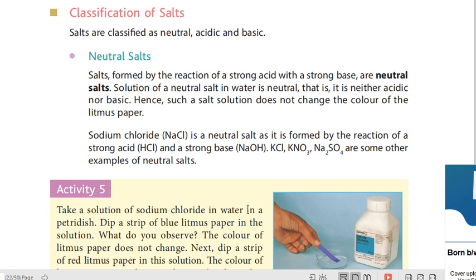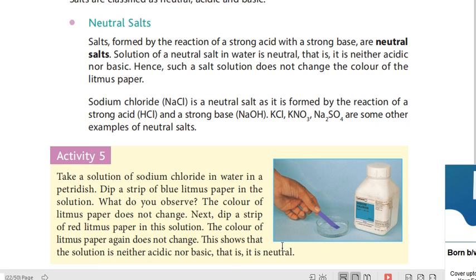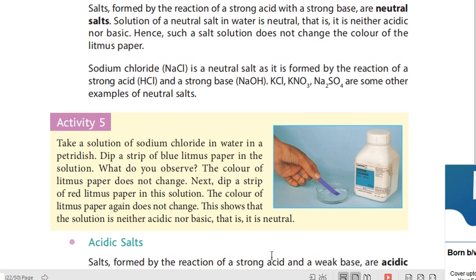How can you say it is neutral? We have discussed that it is a neutral salt because it is formed by this reaction. But is there any test for that? Yes, there is. When you make a solution of these salts like sodium chloride, potassium chloride or potassium nitrate, you will see no change of litmus paper color in this solution.